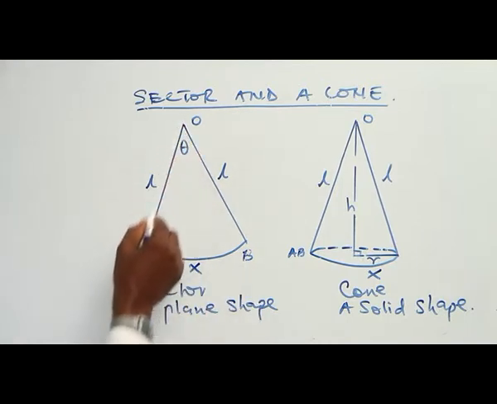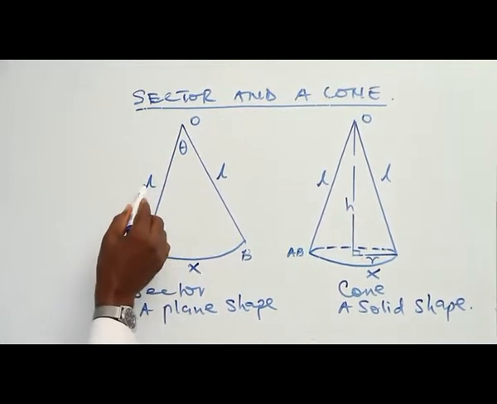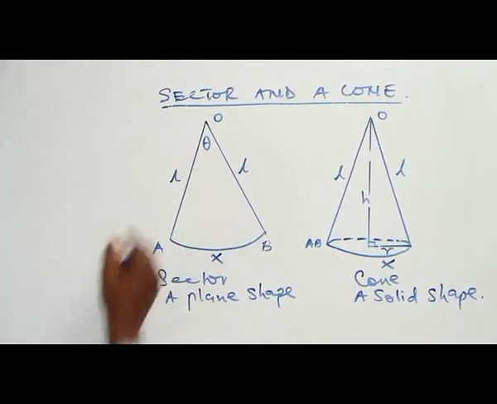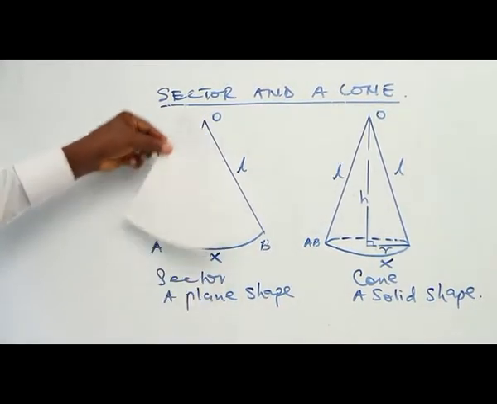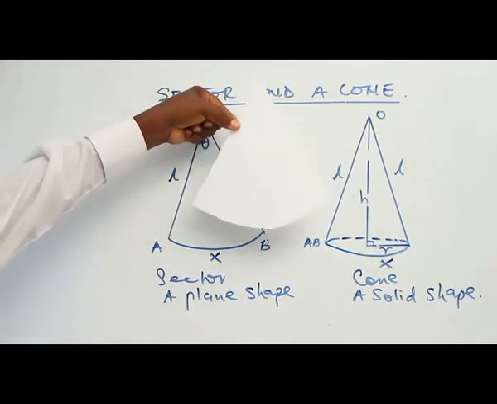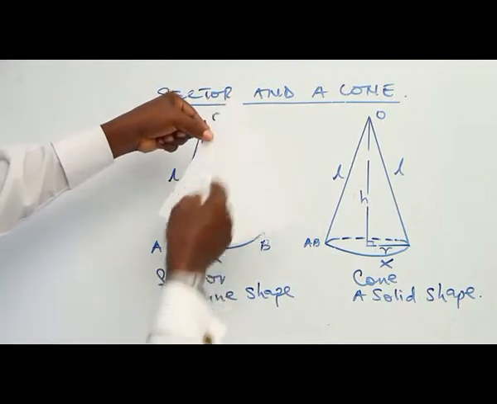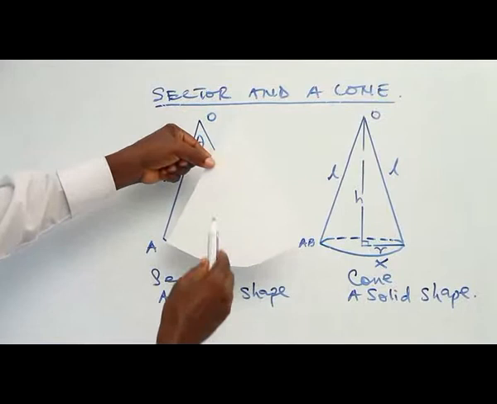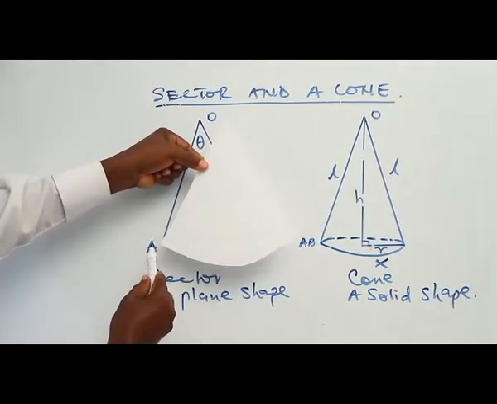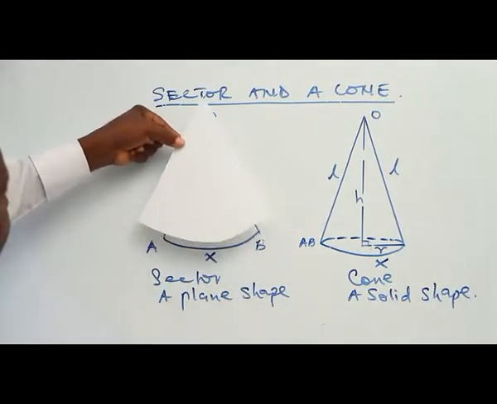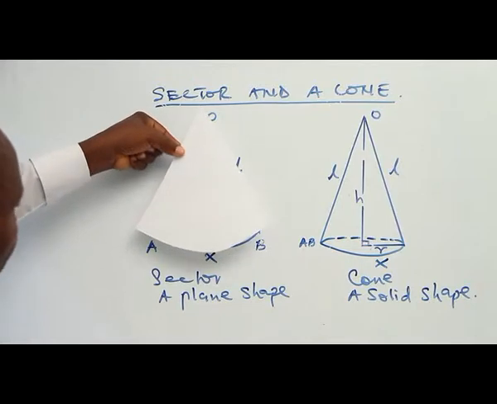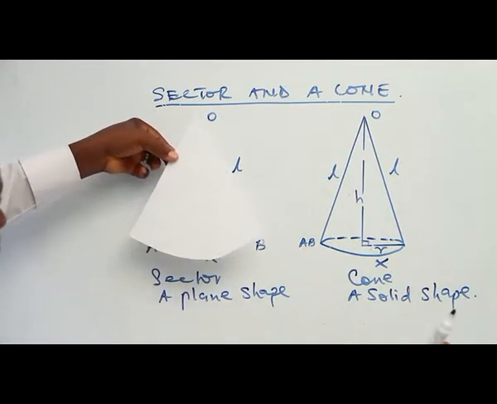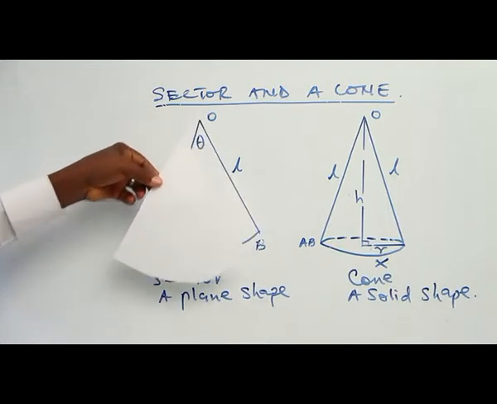And this is the radius, OA, represented by L here, and this is the angle subtended at the center. It's a shape like this, a sector, cut out of a complete circle. This is the center O, point A, point B. This is the sector of a circle, center O. It is a plane shape. You can see it flat.